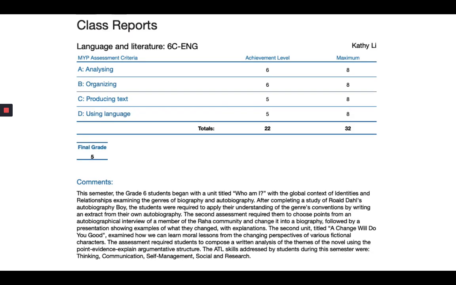So it's coming back to the semester 1 report again. Each of the individual subjects would also have the criteria levels. The total, of course, 22 translates to a 5, because 24 would be a 6, and 19 to 23 is a 5, as well as a comment. Now this is a generic comment that each child gets. The reason we don't have individualized narrative comments is because of the feedback given after assessments.